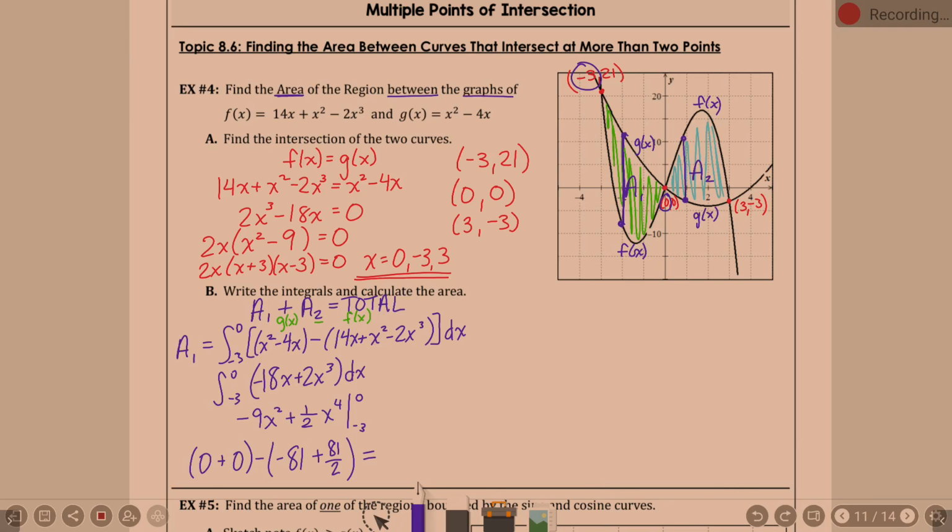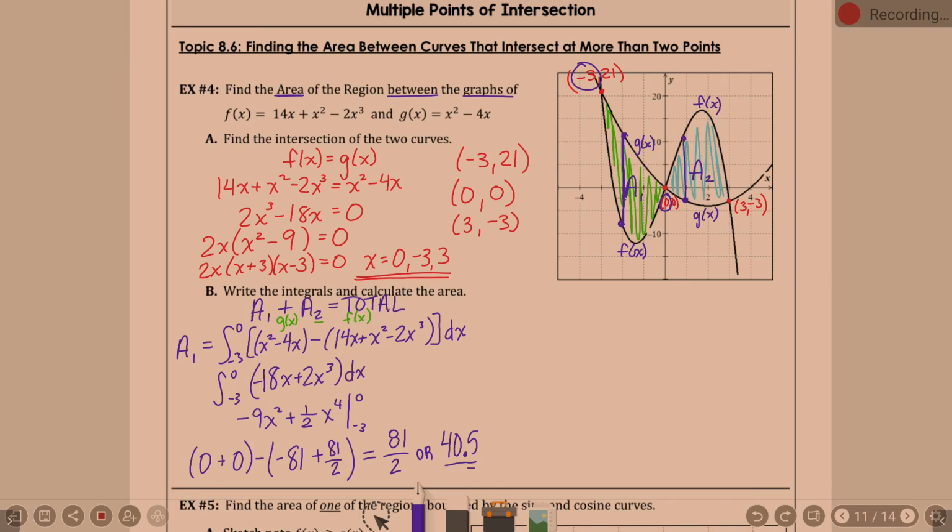Because if this is half of 81, right? So in my parentheses, negative 81 plus 40 and a half is going to be negative 40.5. The opposite of it out front makes it a positive 40.5. So you could say 81 halves or 40.5. Okay.